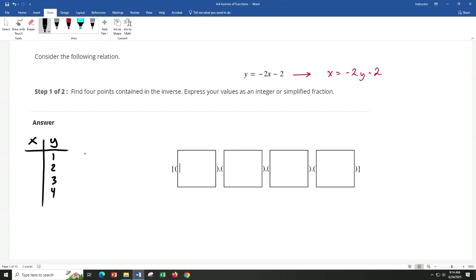Well, don't I just come in here and do this? Negative 2 times 1 minus 2. What's that going to give you? A negative 4.